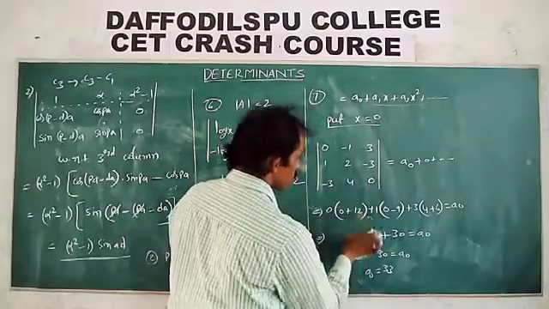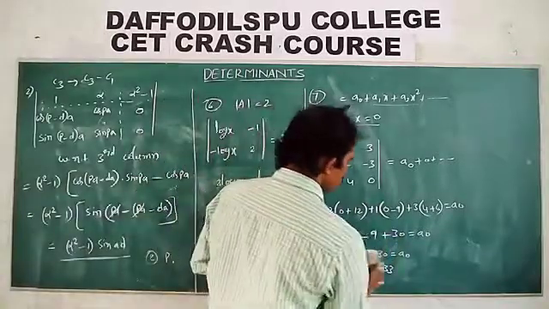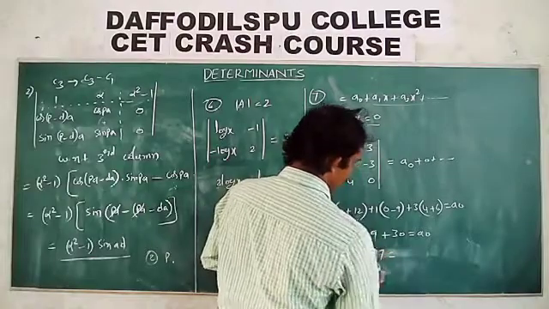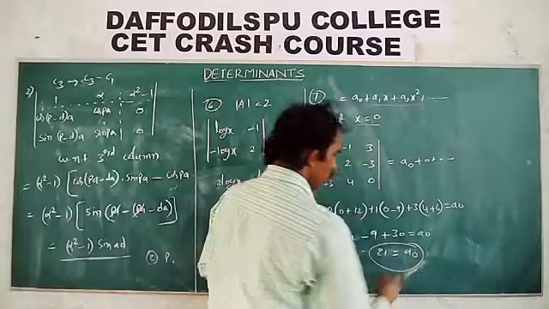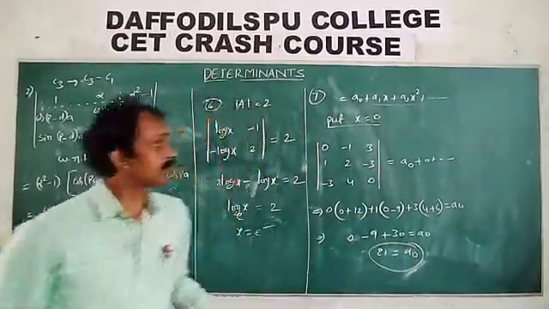Sorry, 0 into something, 0. Right, 0 into something. 30 minus 9, 30 minus 9, 27. 21. 21 is equal to a naught. Which option? Fourth option is the correct answer.